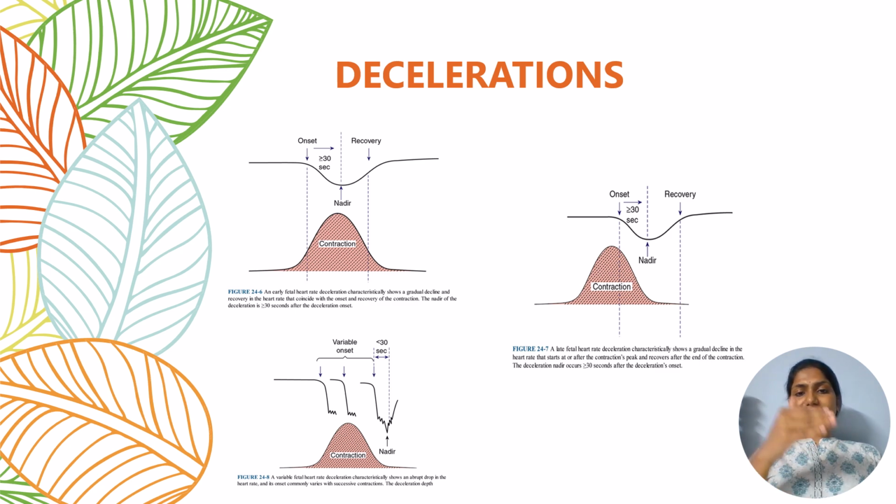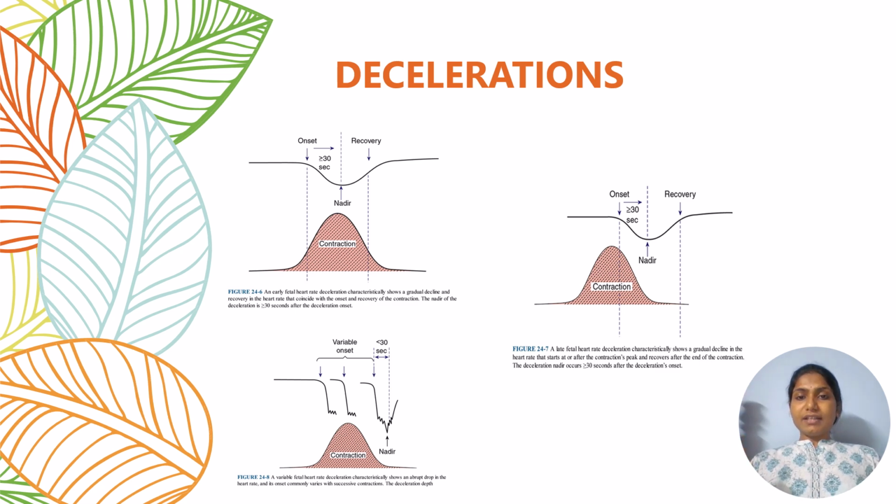Whenever this increases, something gets stimulated. What is that? The baroreceptors present in the carotid sinus and the aortic arch. These baroreceptors are stimulated because of the increased peripheral resistance, and this causes parasympathetic stimulation, which in turn decreases the heart rate.